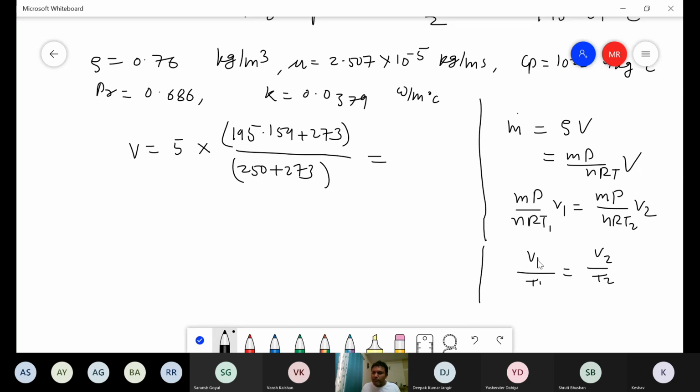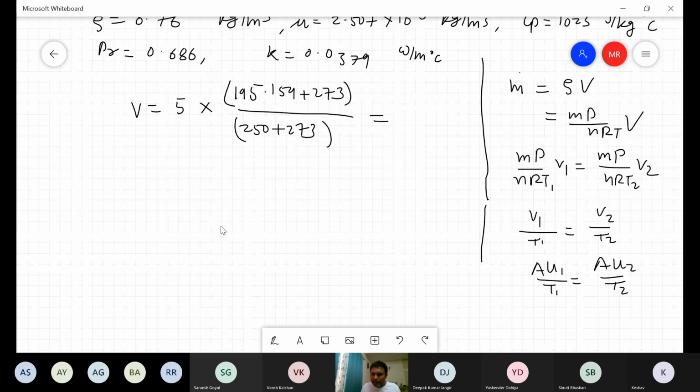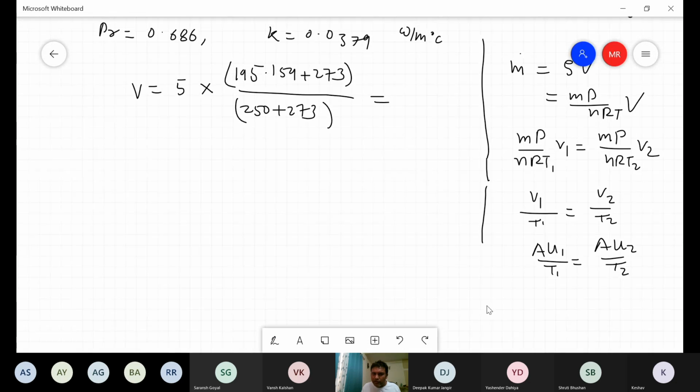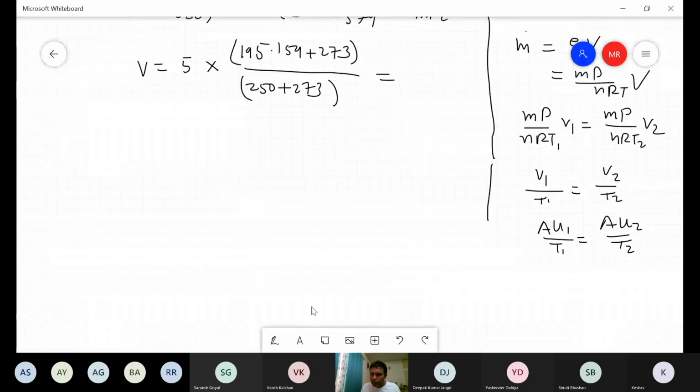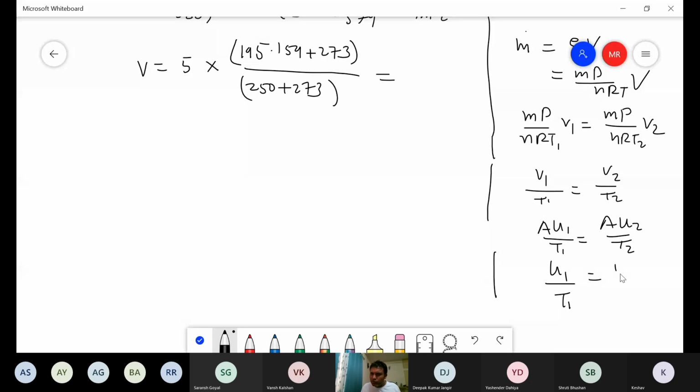This V1 is volume, which can be represented as A u1 divided by T1 equals A u2 divided by T2. So we can directly write u1 by T1 is the same as u2 by T2, and now we wanted to find out u2, isn't it? Note these are volumes. This V is not velocity, this is volume. Okay.